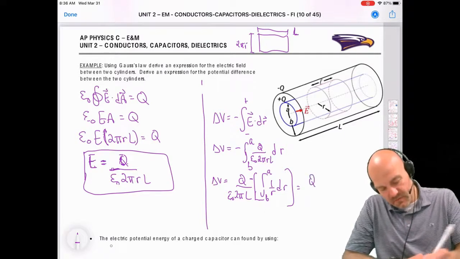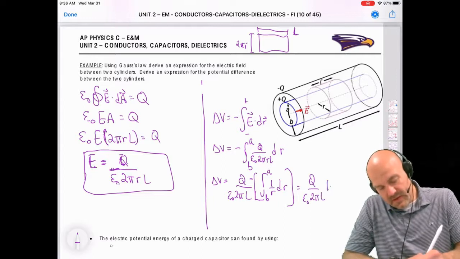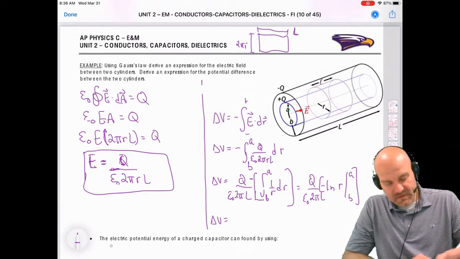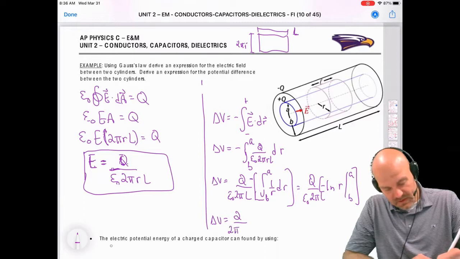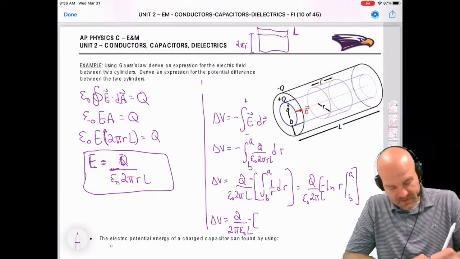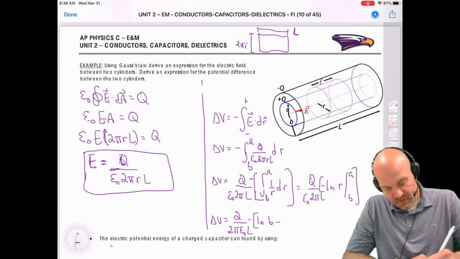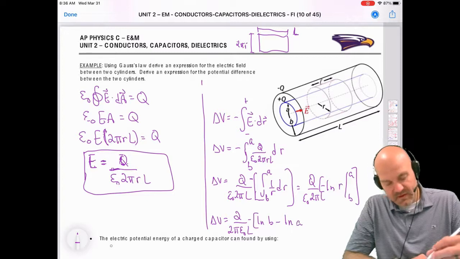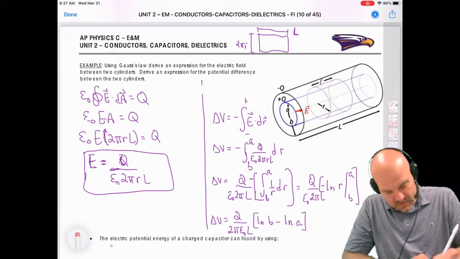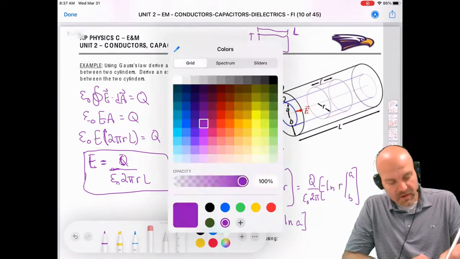And so I'm going to have Q over epsilon naught 2 pi L, natural log of r evaluated from B to A. And so when I plug that in, I get delta V equals Q over 2 pi epsilon naught L, times natural log of B minus natural log of A. Sorry, in one step I have incorporated the negative sign.